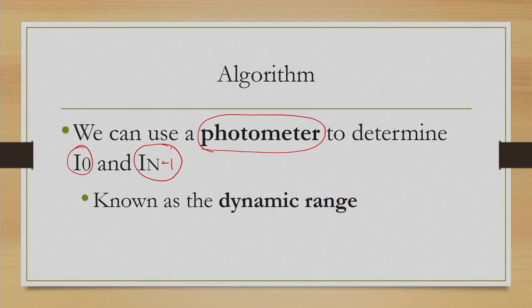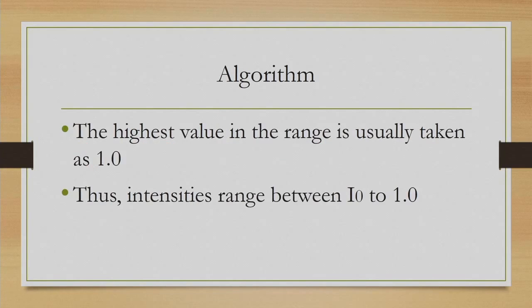It means that we know the range of intensities supported by that particular system. This is called the dynamic range, which is bounded by I0 and I n minus 1. Now, the highest value, that is I n minus 1, is usually taken to be 1.0, that is a convention used.